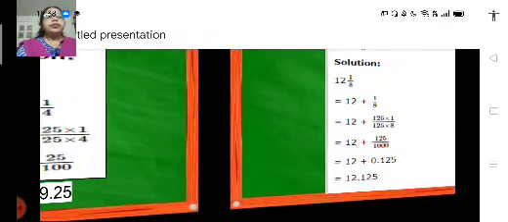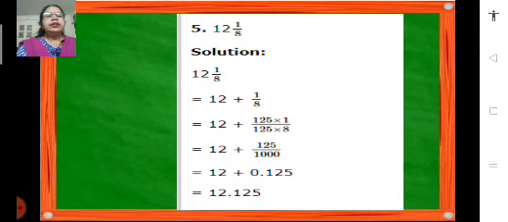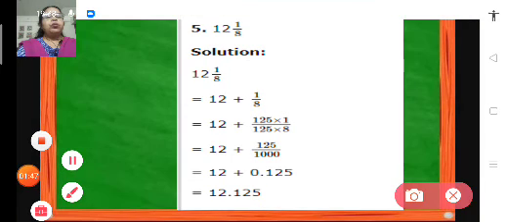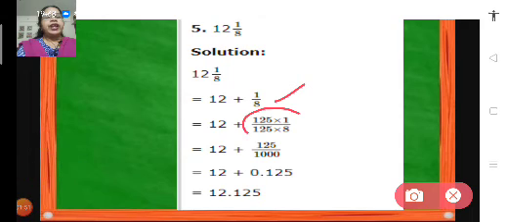Next we have another mixed fraction 12 1 upon 8. So it can be written as 12 plus 1 upon 8. Now to convert 1 upon 8 into an equivalent fraction so that we have 1000 as the denominator, we multiply 1 upon 8 by 125.